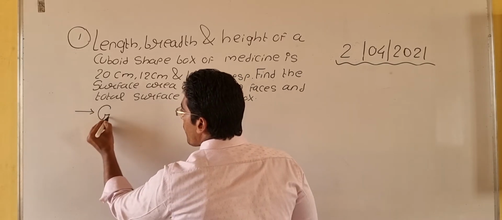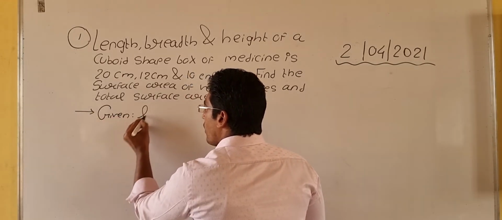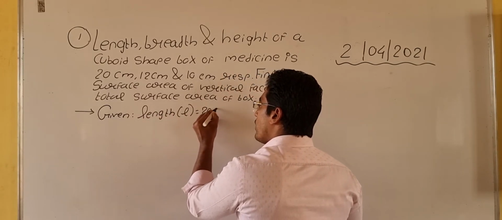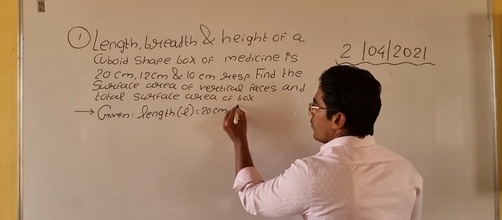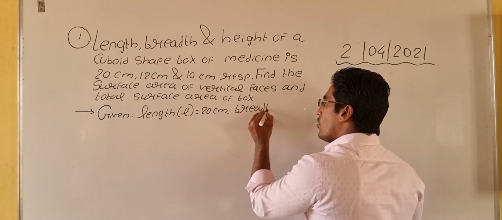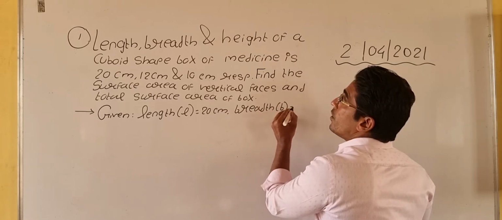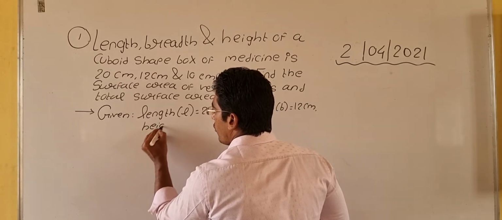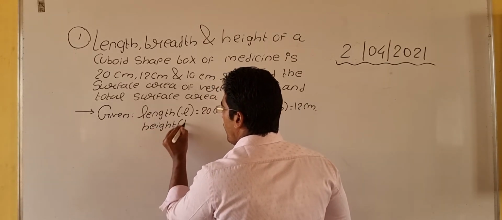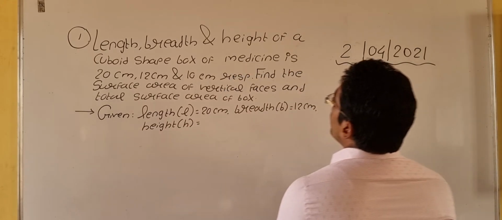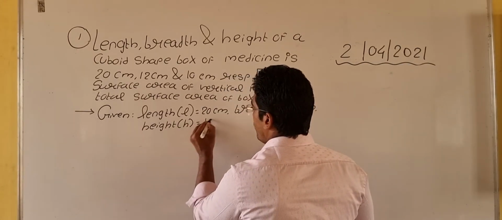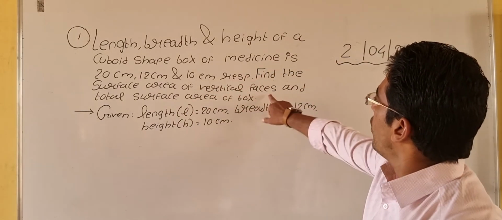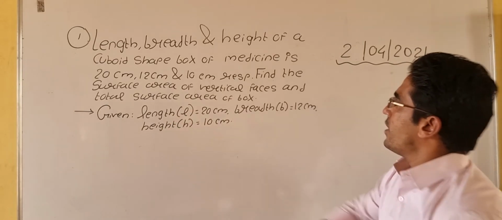So given: length L is 20 cm, breadth B is 12 cm, height H is equal to 10 centimeter. So what do we have to find out? Find the surface area of vertical faces and total surface area of the box.